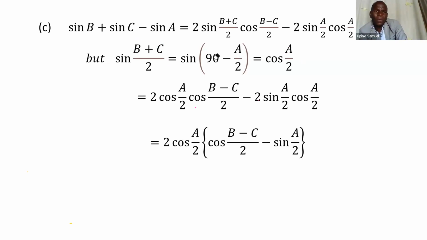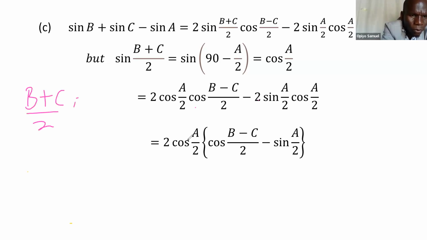Remember, B plus C out of 2 equals 90 minus A out of 2.